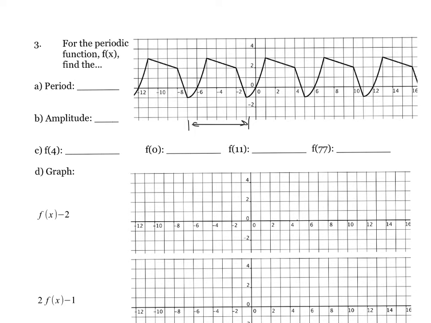So you can literally take two features on the curve that you can identify and count the squares horizontally between them. Check to make sure that the horizontal scale doesn't have some weird number of units per square. This is just 1 to 1. So we have a period of 6.